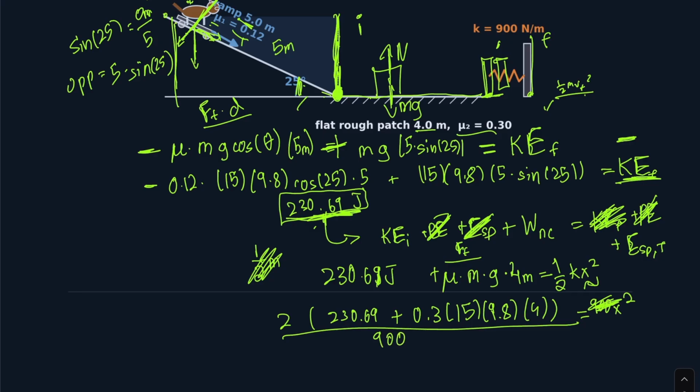So let's do this. It's going to be a bit messy. 2 times 230.69 plus 0.3 times 15 times 9.8 times 4, that divided by 900 and then square root of that.